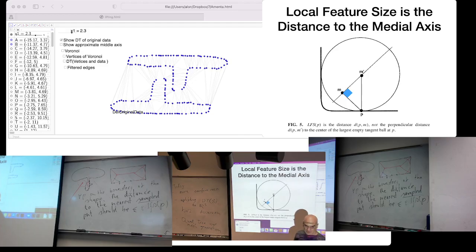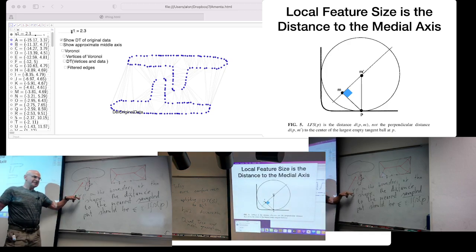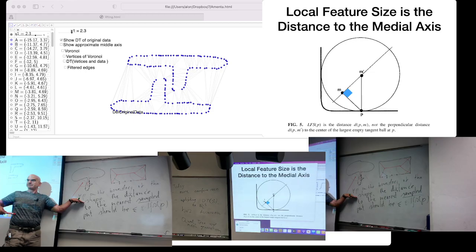It's not a condition immediately about the sample points. I want to say for every point on the data, there will be a sample point that is close enough.